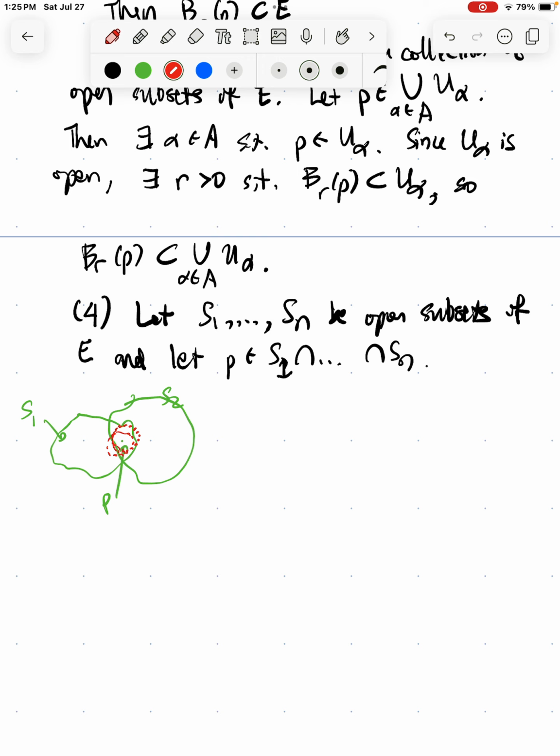And then the idea is to take a small ball that's contained in the intersection, and then it'll be in both S1 and S2. That's the idea. So going back to the proof, let P be in S1 through Sn.